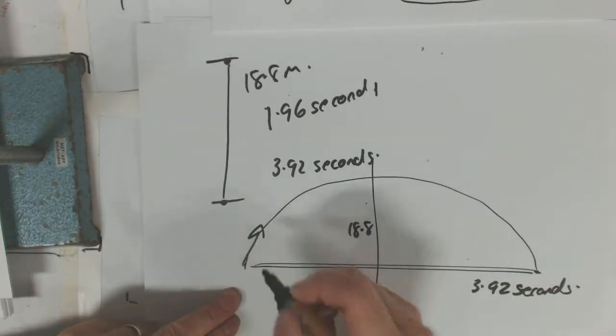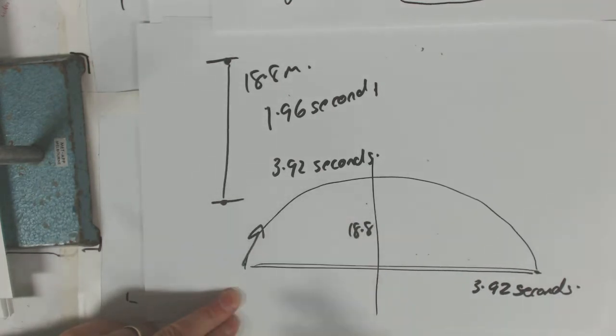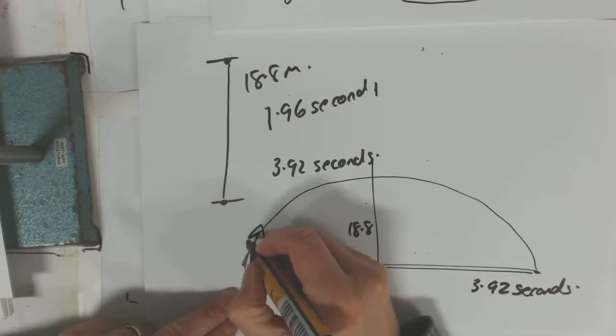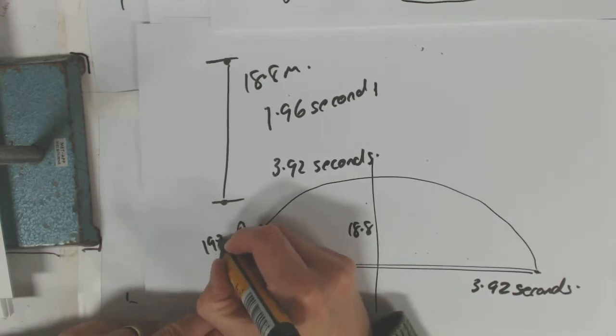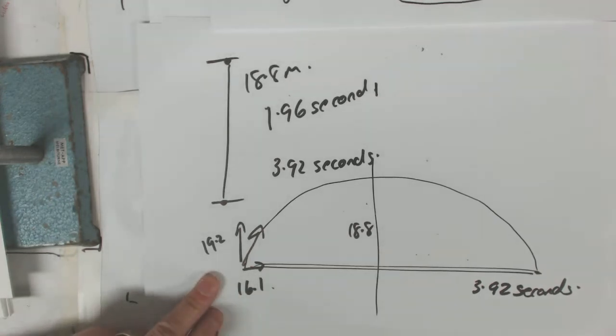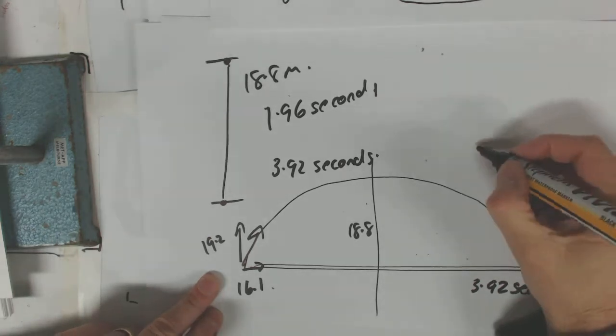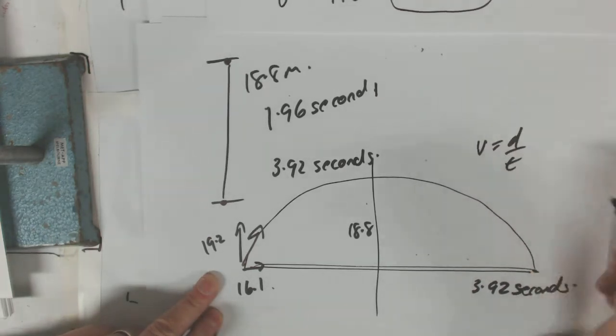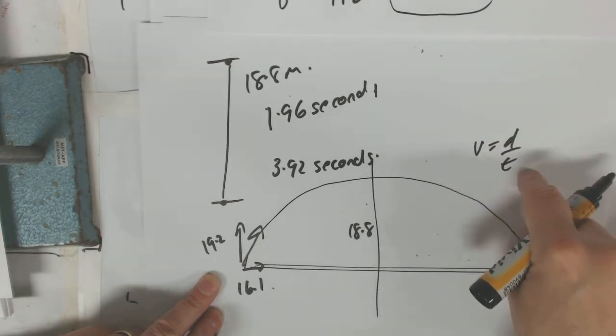So it had a velocity made up of the initial horizontal speed, 16.1 that way, and 19.2 that way. So it has a speed horizontally which isn't affected by the acceleration. So we can just use our real simple formula, v equals d over t, or d equals vt.